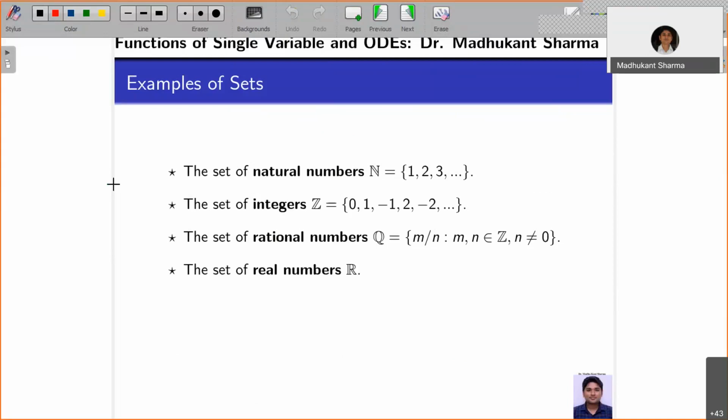And then the set of real numbers, which is the set of rational numbers union with the set of irrational numbers, which are not rational. We will come over it again. A good set here is the set of all natural numbers which satisfy the equation (x minus 1)(x minus 2) equals 0. It also forms a set: 1, 2, the roots of this equation.